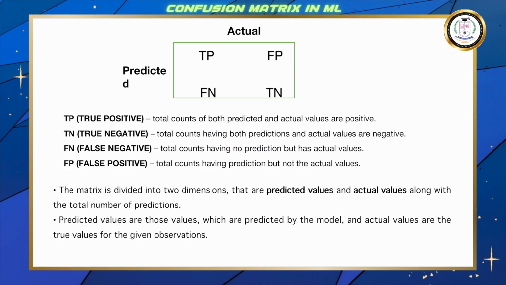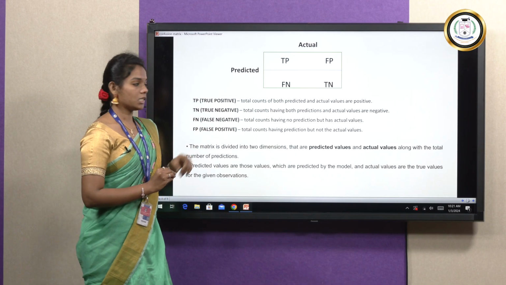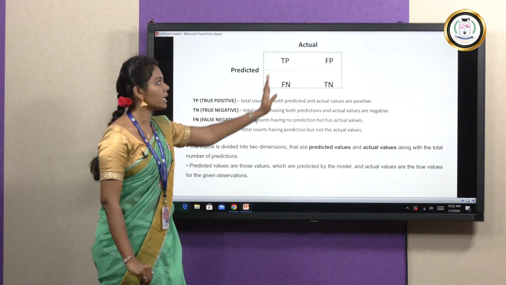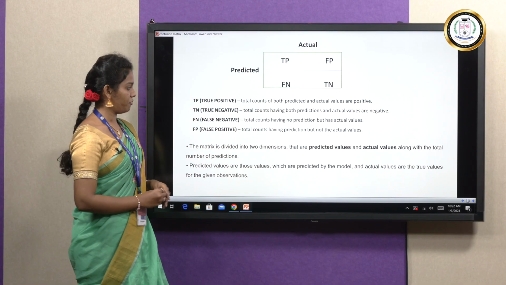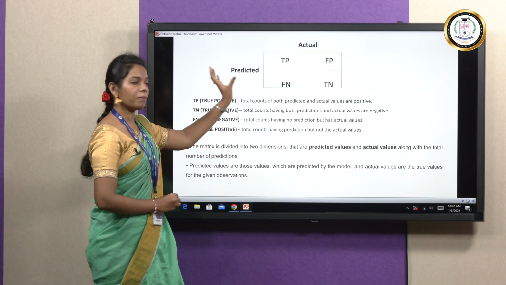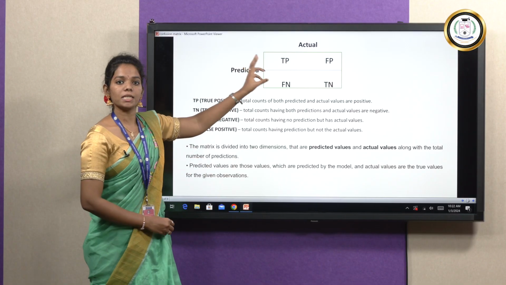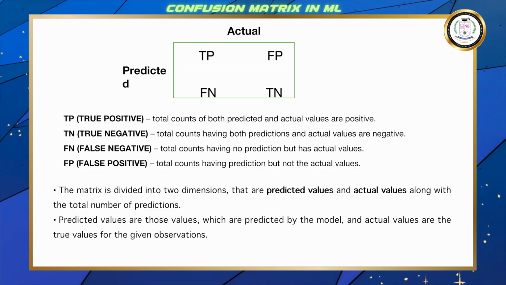Coming to the next, false negative. It counts only the actual value but not the prediction. That means the total counts having no prediction but only the actual value. FP is quite the opposite of FN, where the value is predicted but not actual. This is how the representation of a normal confusion matrix in a machine learning model looks.